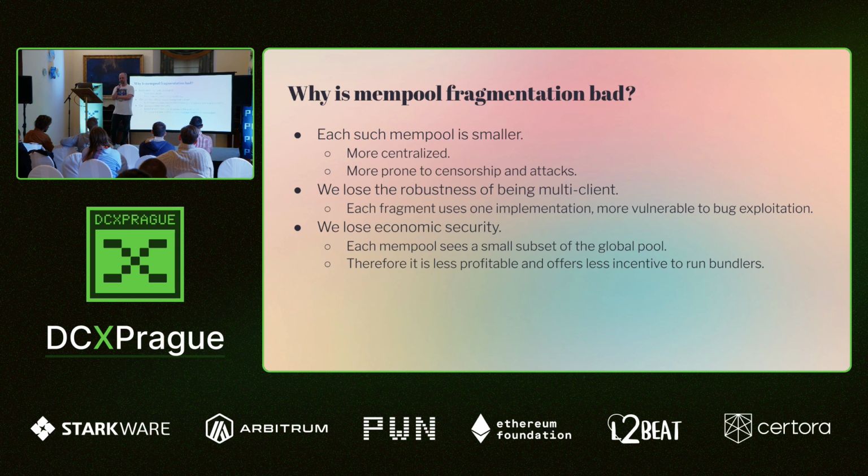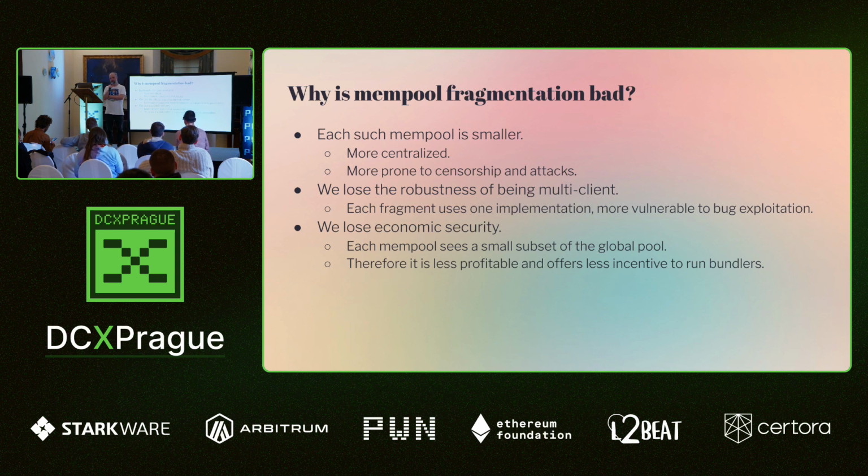We also lose the robustness of the multi-client approach, because ERC-4337 took the same approach as Ethereum, where we have multiple clients. We have multiple bundler implementations in different programming languages, so it's unlikely that the same bug will exist everywhere. But if each implementation has its own rules, then we are going to end up with a mempool per implementation.